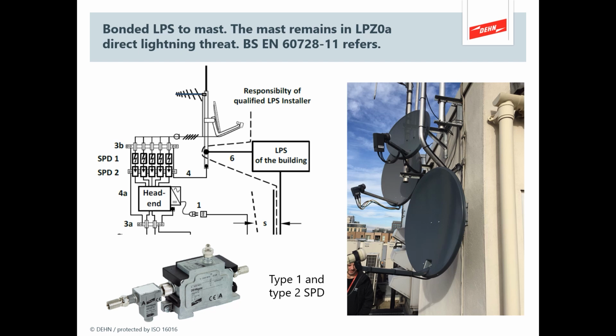A cable, and that cable's going in somewhere to a comms rack or something like that, and because it's cross-bonded, you are forced to use type 1 SPDs or type 1 combination 2 SPDs to protect the distribution amp and stop any chance of flashover inside the building itself. And again, BS EN 60728-11 would refer, and it's exactly the same message as 62305.